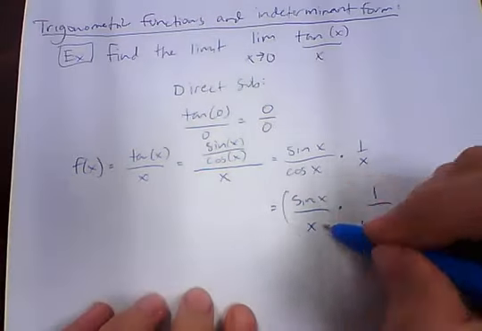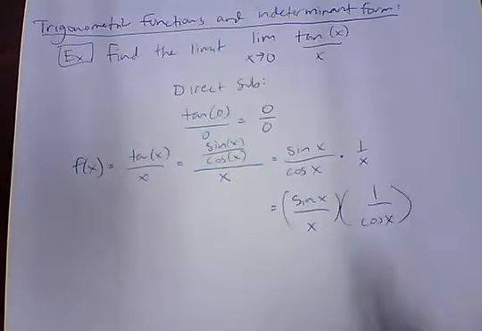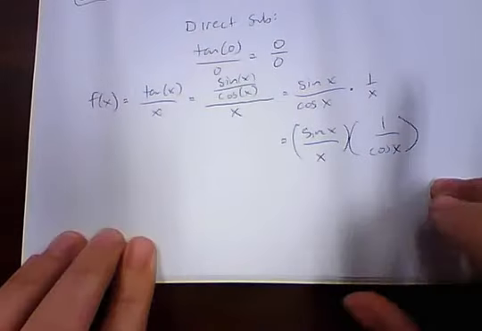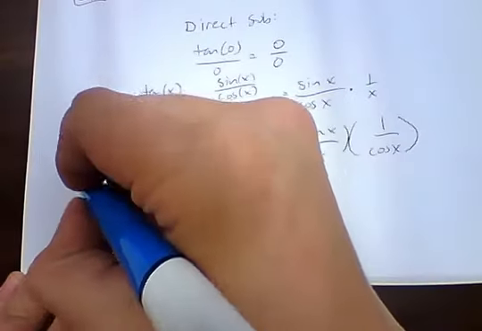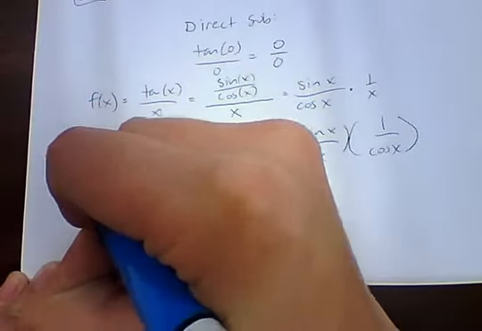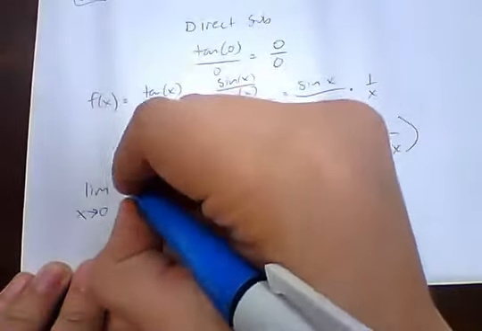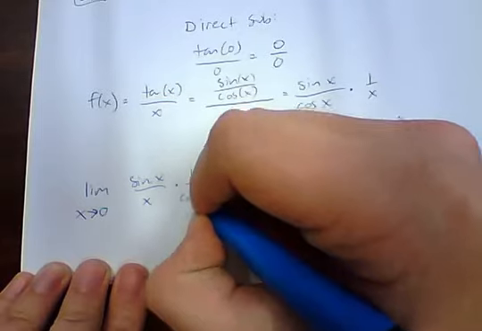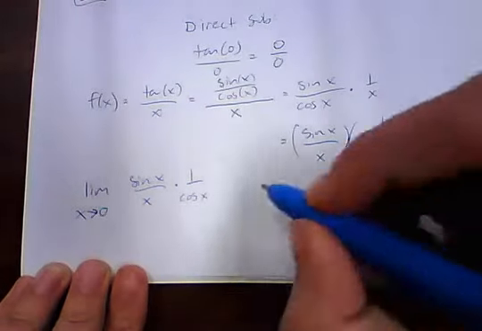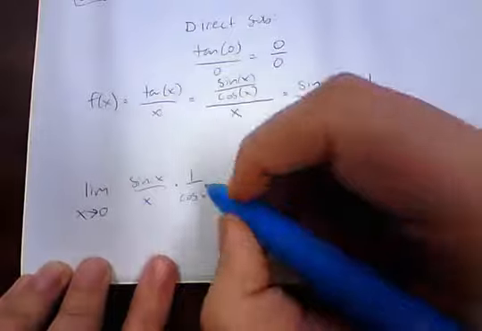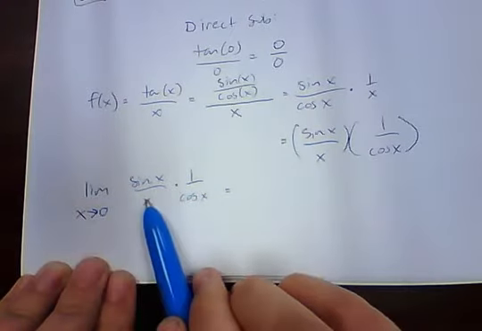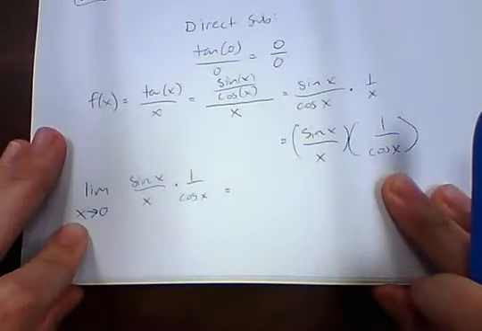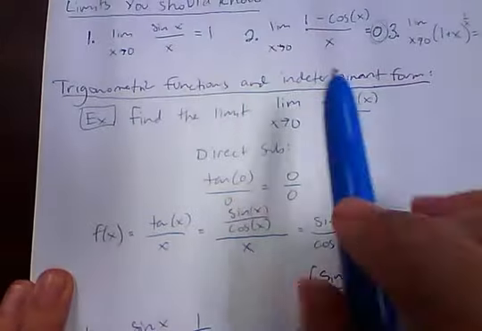All right, now we've got some useful pieces. We've done some work, we've rewritten some things. Now let's try to find that limit one more time. The limit as x approaches 0, now for our new function, for sine of x over x times 1 over cosine of x. We actually don't even need to plug in 0 for the first piece, because if you recall, this is one of the limits we should know.